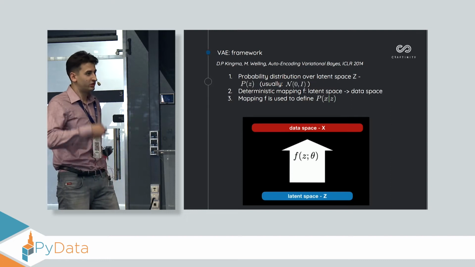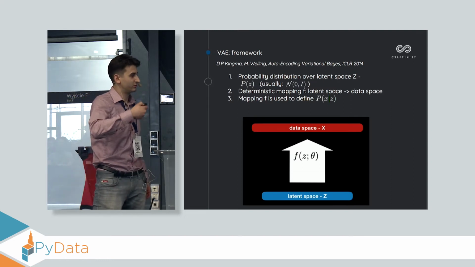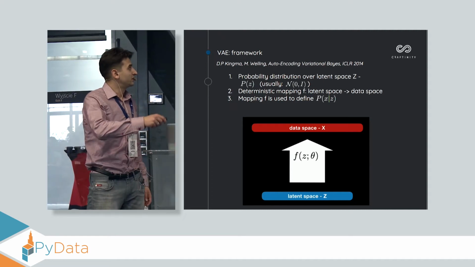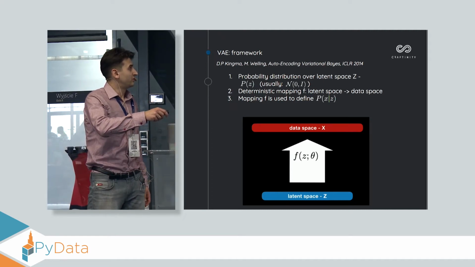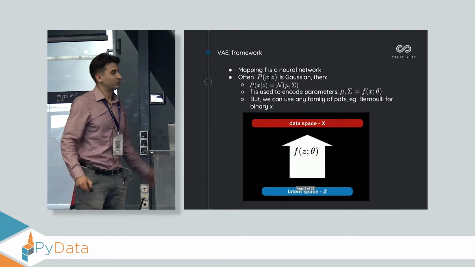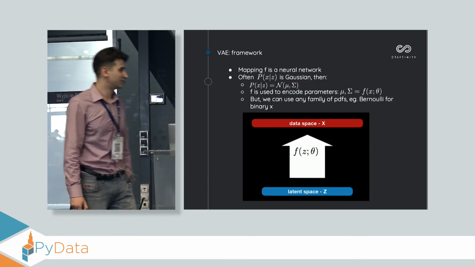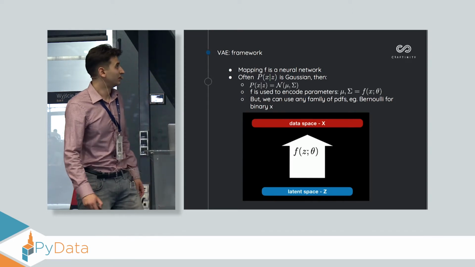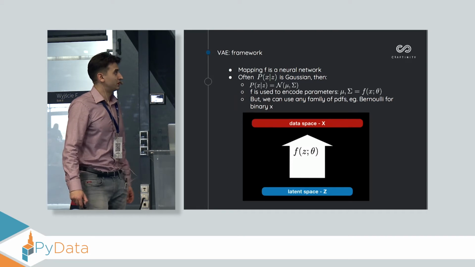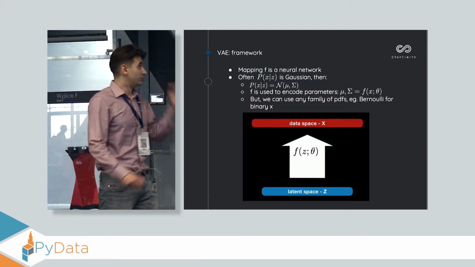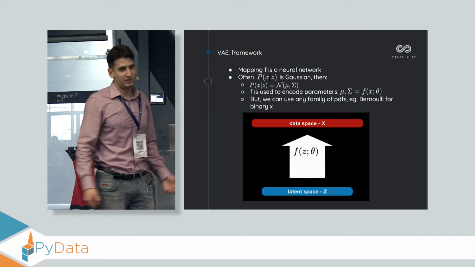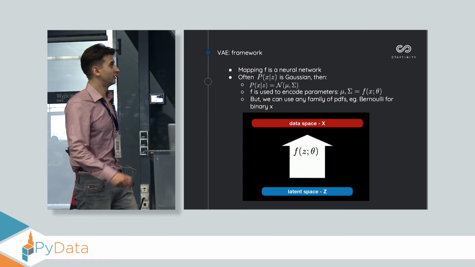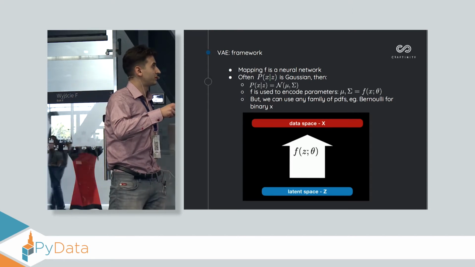So the f is not encoding our image directly, but it's only used to define the probability distribution of x given z. Okay, so because neural networks are a nice tool to model complicated mappings, we choose f to be a neural network, and very often p comes from some parametric distribution family, so it can be a multivariate Gaussian, for instance.